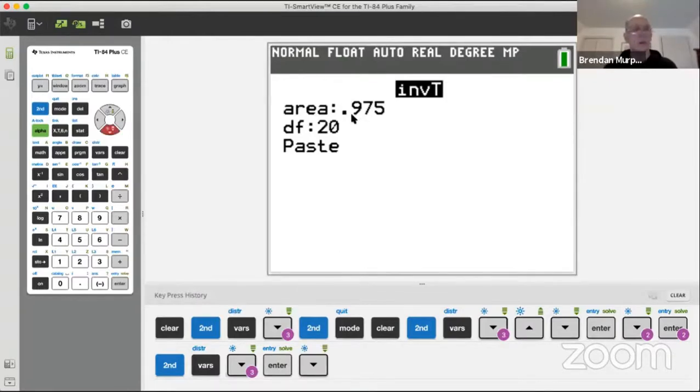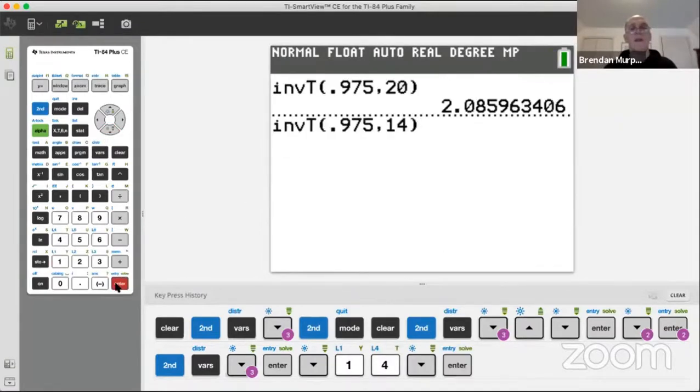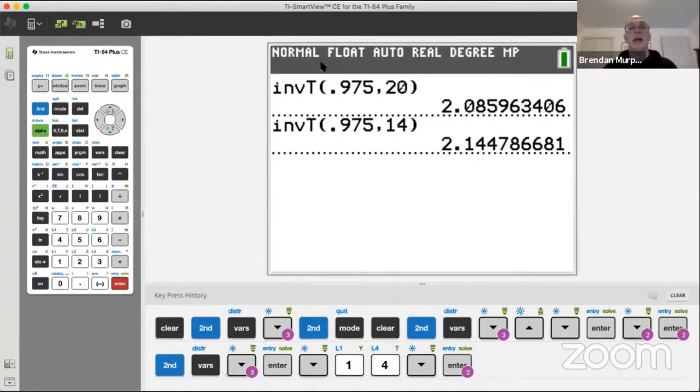My degrees of freedom, we said, was 14. I'll go back to my home screen. It looks like 2.144. That's my critical t value. So let's see if we can figure out what the correct answer is here.